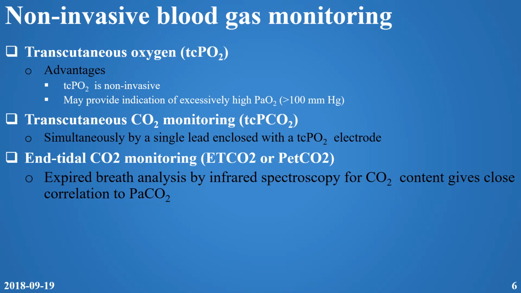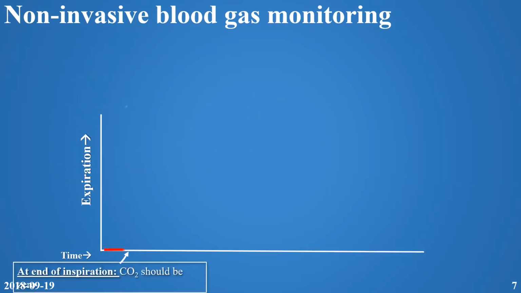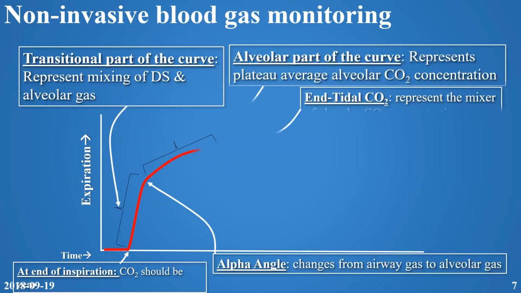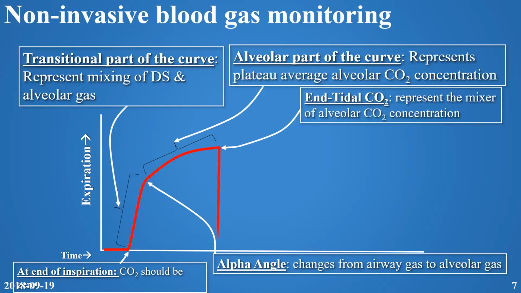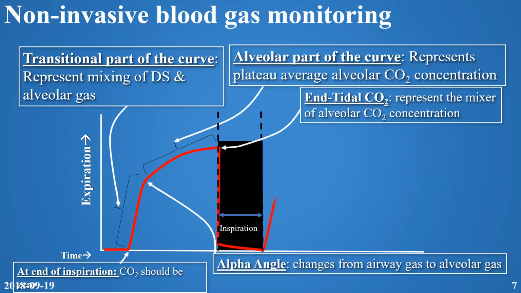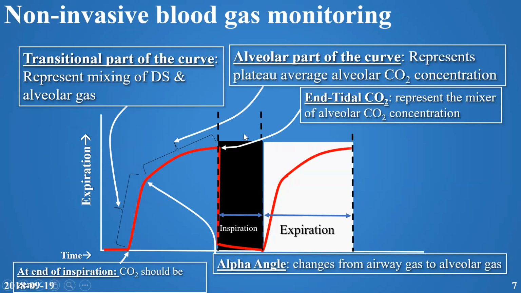Tidal means tidal volume, so the end of the volume that we get in. Okay? And here it shows you how we measure it. We measure it at the end of inhalation, when the tidal volume becomes max, end-tidal CO2. And it measures the CO2 in the alveoli.